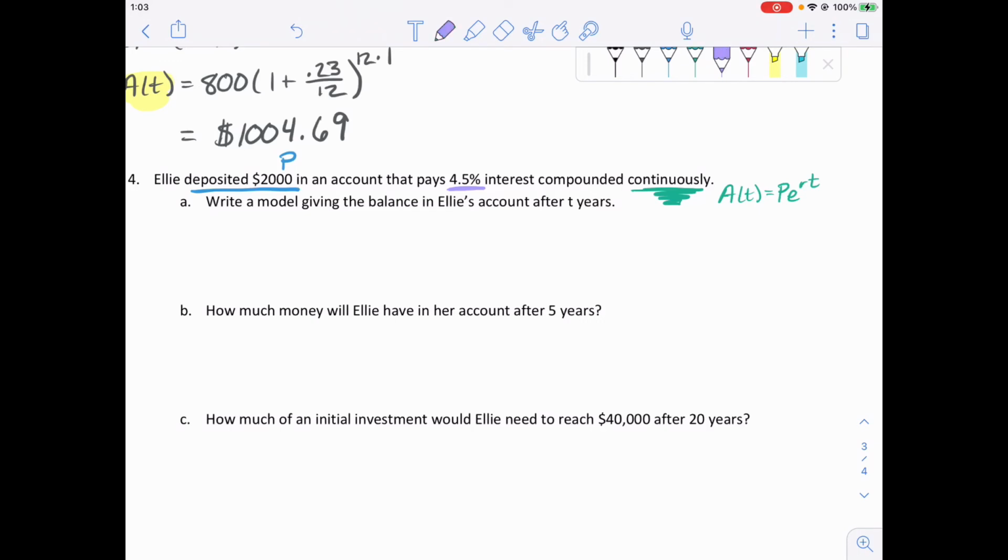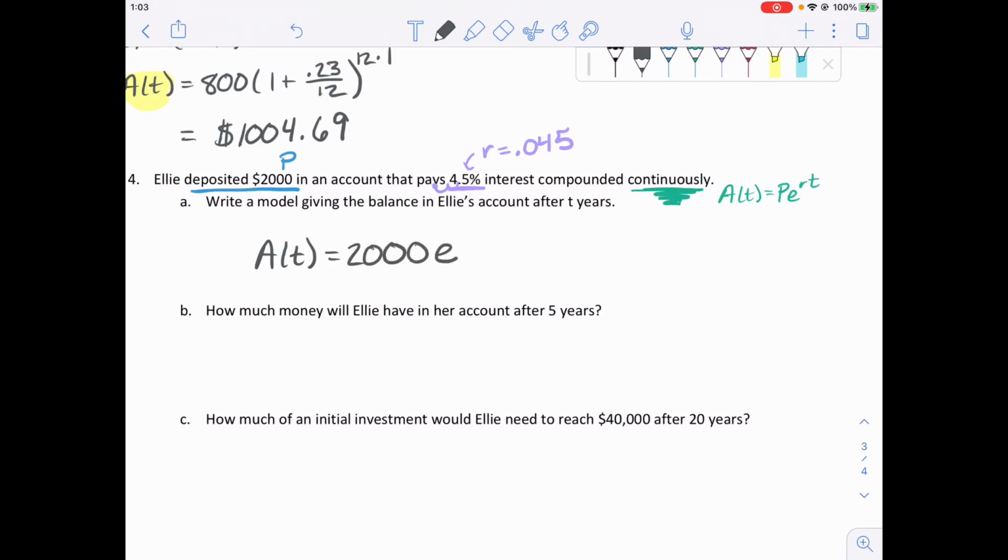Now, don't let this trip you up. Is this a decimal? Yes. It is still a percentage, though. We need to convert it into a proportion: 0.045. Always convert your annual rate into a proportion. Move your decimal. So if we write a model, we've got A of T equals P, which is going to be 2,000, times e.